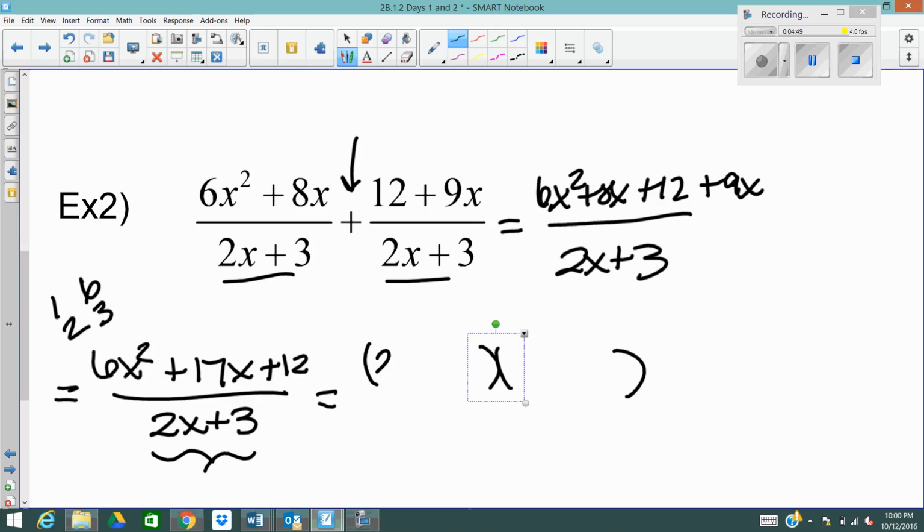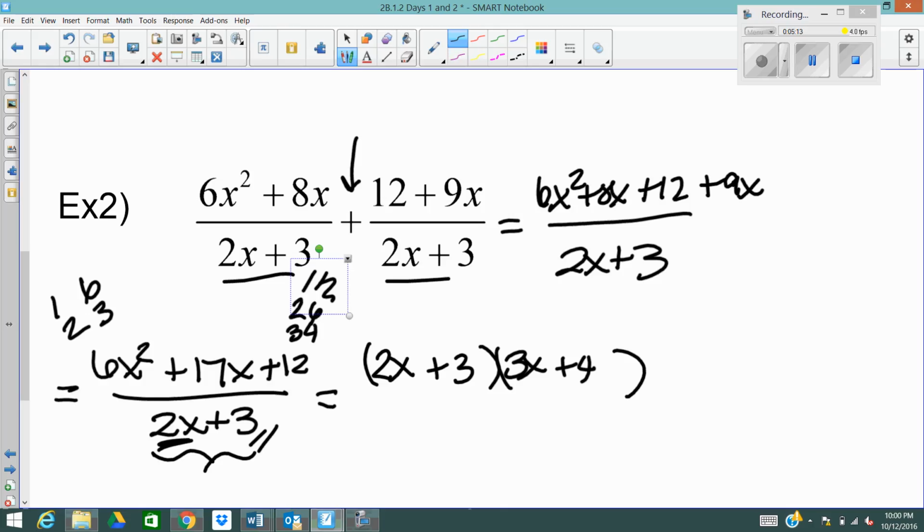I'm going to pick the 2 and the 3 to match that 2x. 12, I have 1 and 12, 2 and 6, 3 and 4. I'm going to pick positive 3, positive 4 to match that 3 to see if it possibly factors that way.